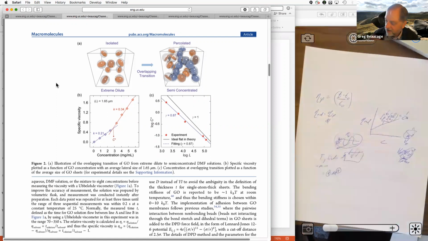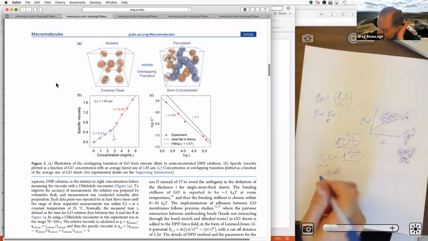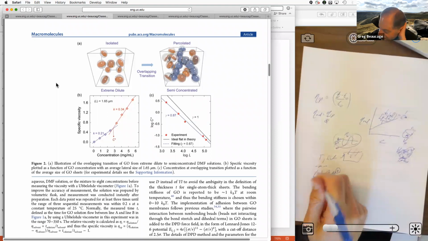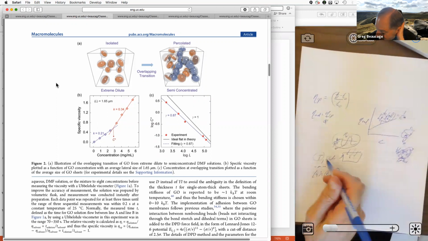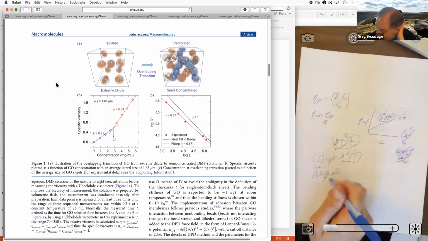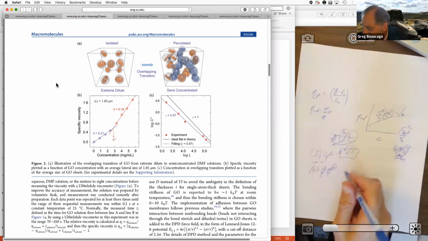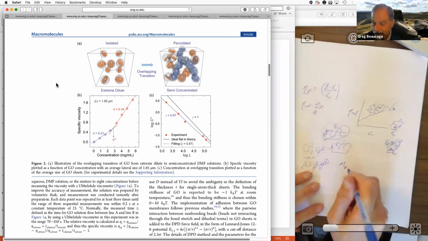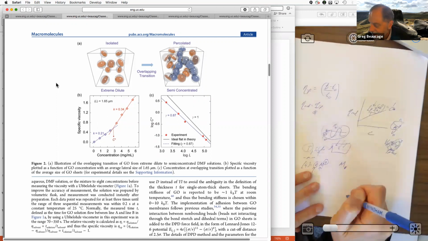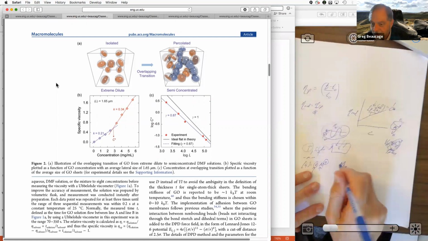So if you do a measurement and you can get the intrinsic viscosity with this homemade device, then as long as you do it at a fixed temperature and a known solvent, you can get the molecular weight from that. The molecular weight you're going to get is called the viscosity molecular weight, MV, the viscosity average molecular weight.